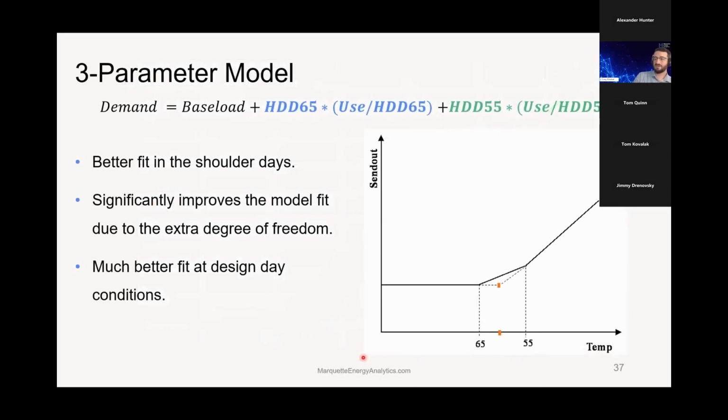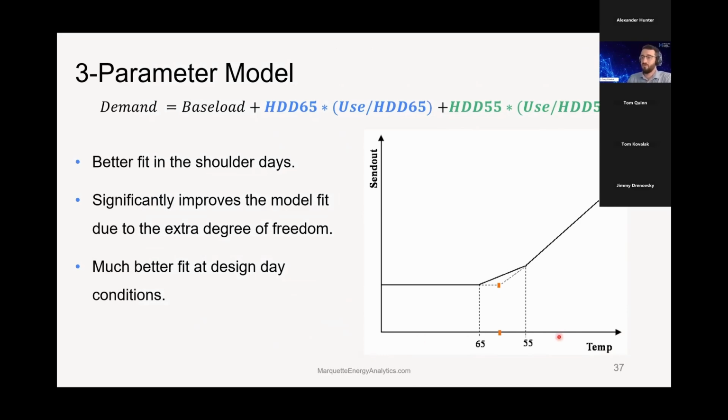But adding this second heating degree day term helps our model in a bunch of ways, largely because if we've got just the one heating degree day term, we essentially have a lever that we can work with. But if we're doing two, we've got 2 points, and it gives us a little more freedom to move around.